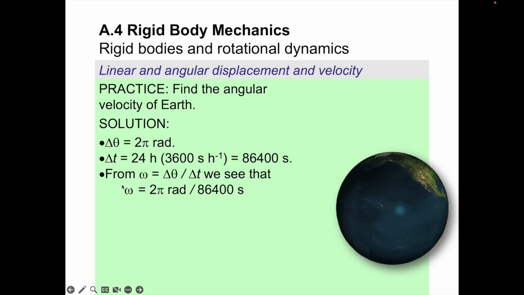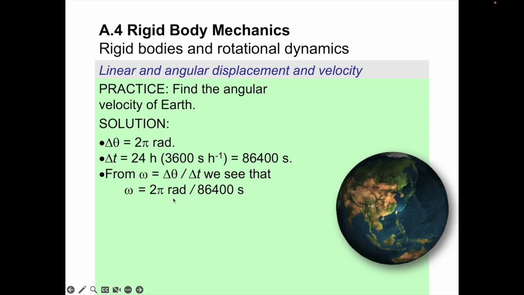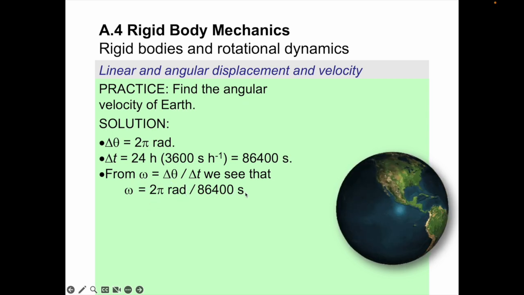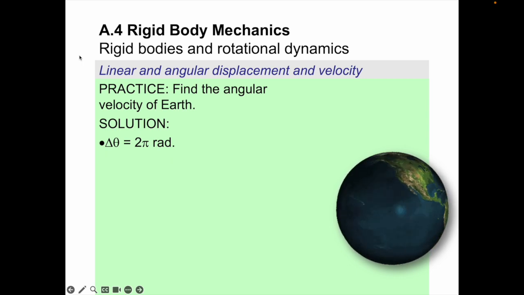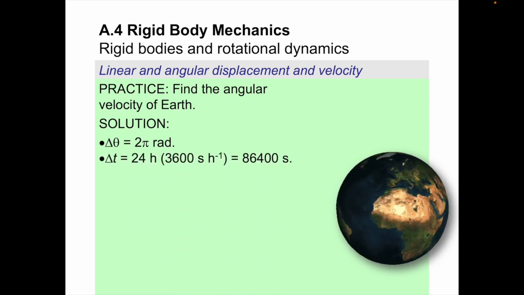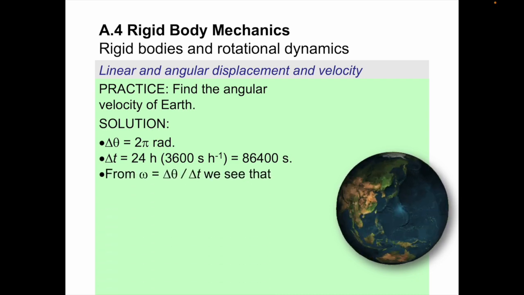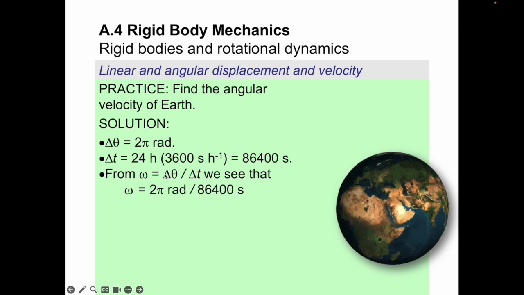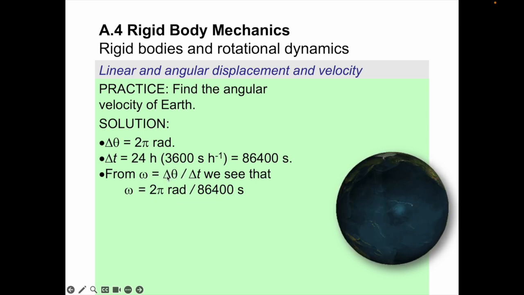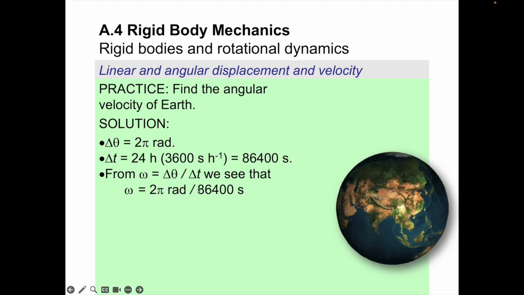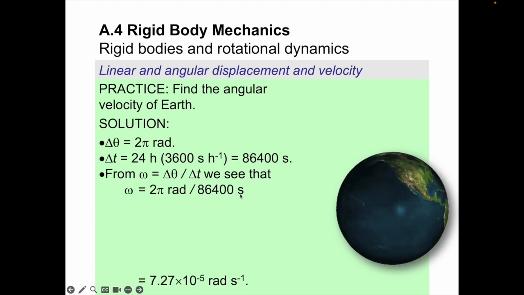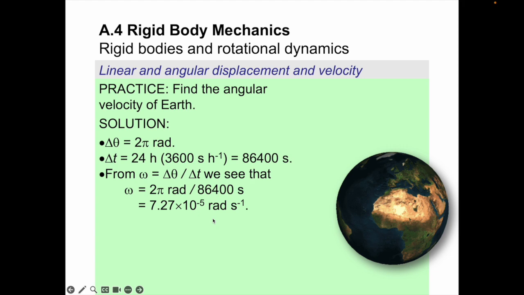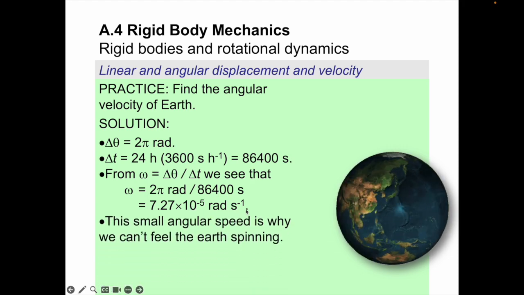Our angular velocity is going to be equal to that distance divided by that time. When we plug in our numbers, our delta theta is the distance around the circle in radians, and our time is in seconds. We can get a value and see that this is in radians per second.